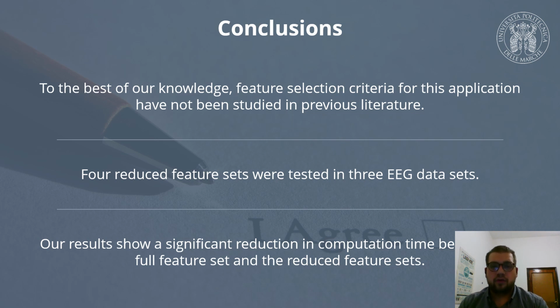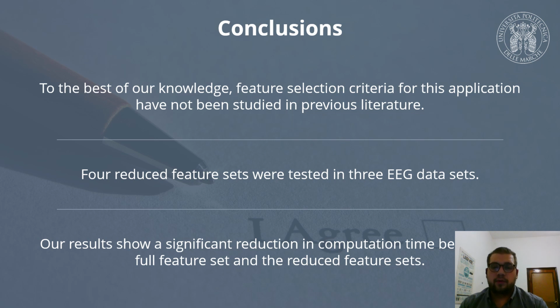As a final conclusion of this work, we can see that feature selection criteria for the application of EEG-based authentication have not been studied in previous literature. So our work contributes by bridging a gap in the open challenges found in the literature.